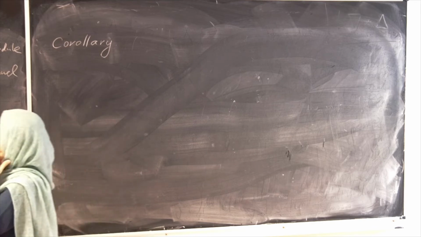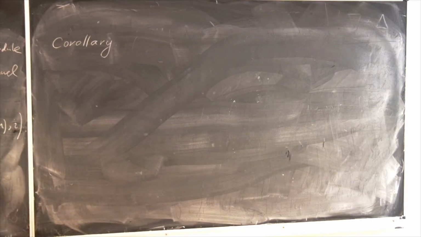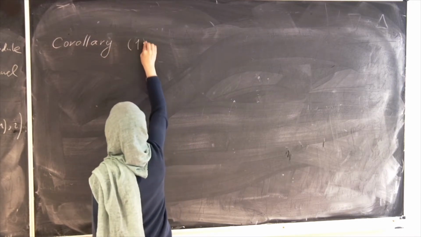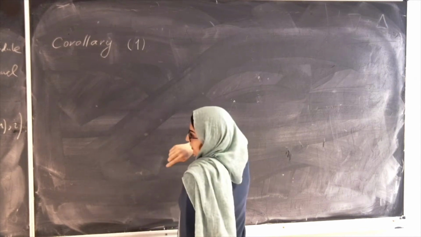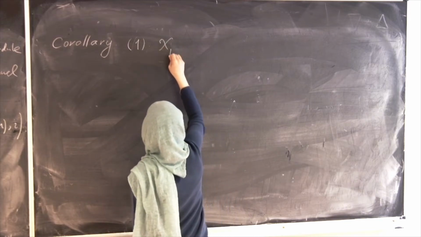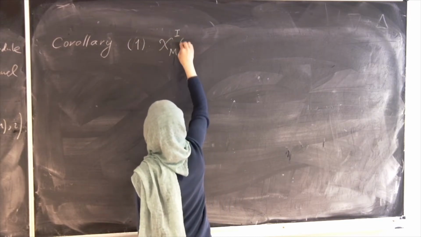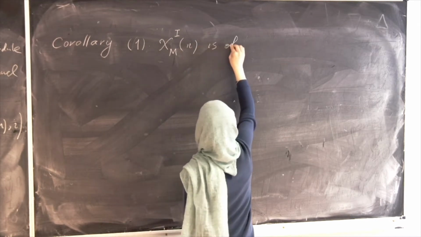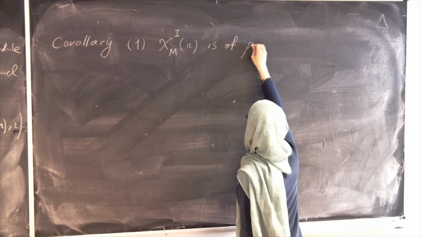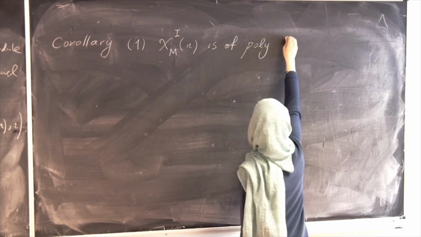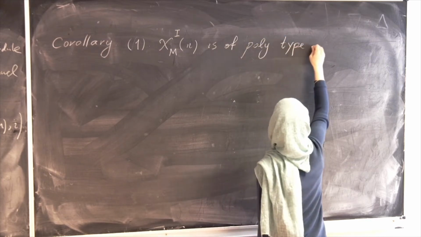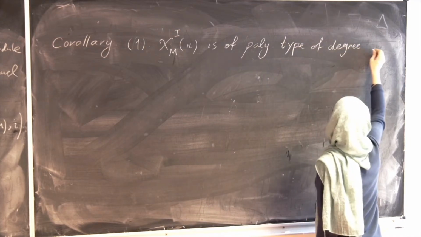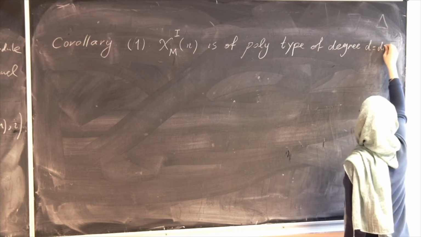I assume that we have such a ring and such a module. In the first part, we know that chi M,I is of polynomial type of degree d equal to the dimension of our module.